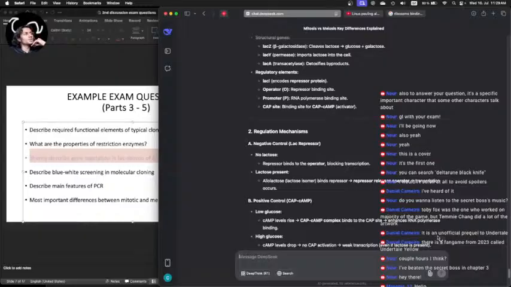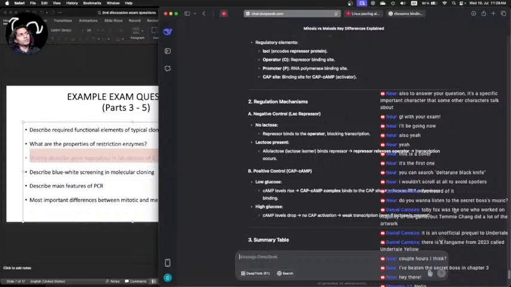Lactose present: allolactose binds the repressor, which releases the operator, and transcription occurs. If lactose is present, it will remove the repressor from the operator.